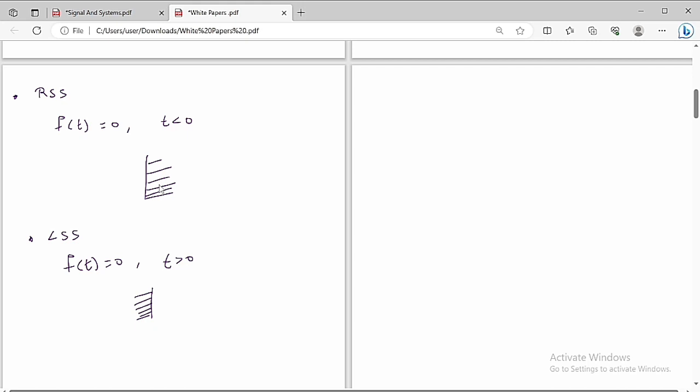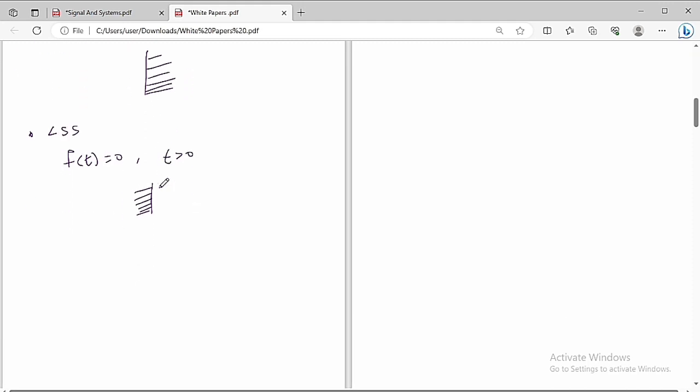Similarly, take the right-sided signal in the case of the discrete domain. f of n is equal to 0 for n less than 0. And what is the ROC?